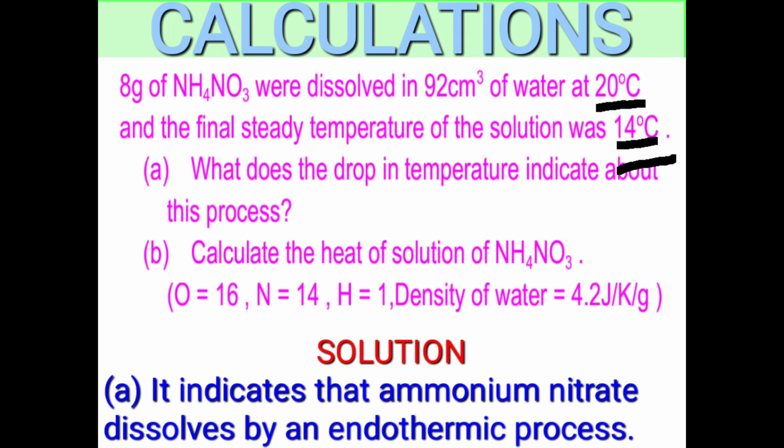Therefore, heat energy is being absorbed or taken away from the surrounding or from the solution. So the reaction occurs endothermically. If we come back to our answer here, we shall say that it indicates that ammonium nitrate dissolves by an endothermic process. Hope you get me there.